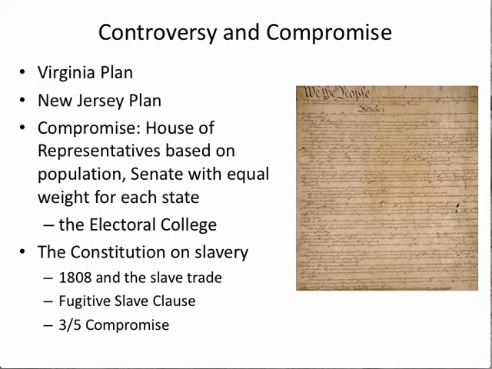But obviously, this idea that somehow slaves were less than a full person, that they were worth 3/5 of a human being, is why this clause has been seen as being so dehumanizing and so unethical.